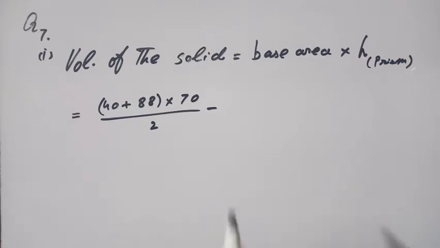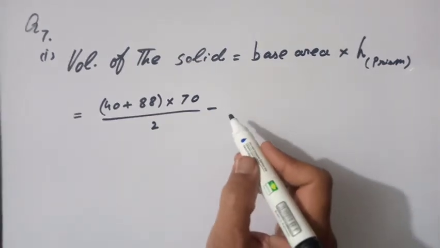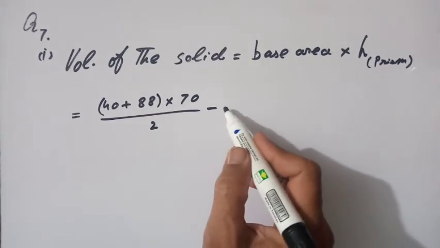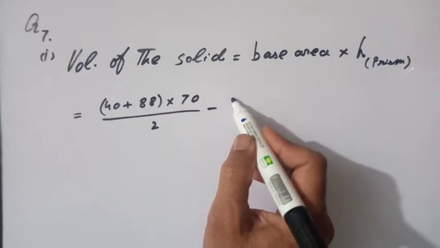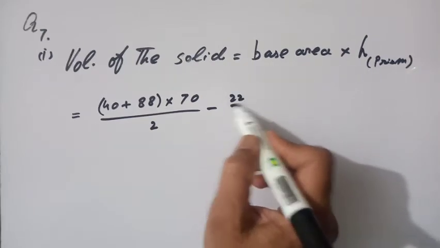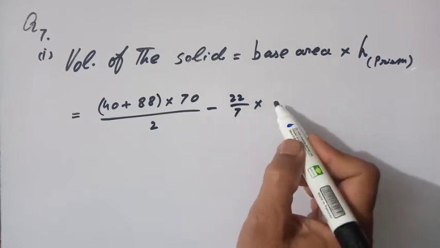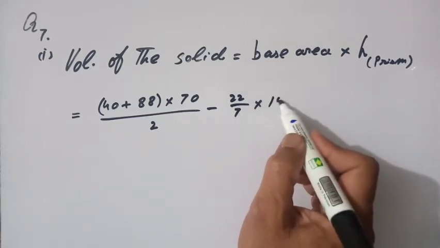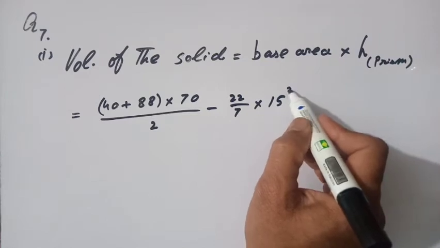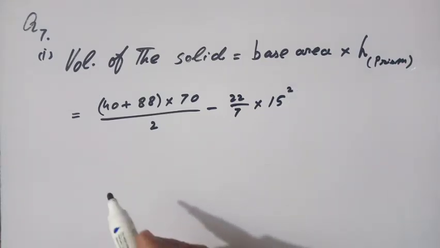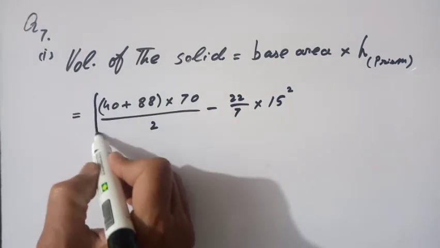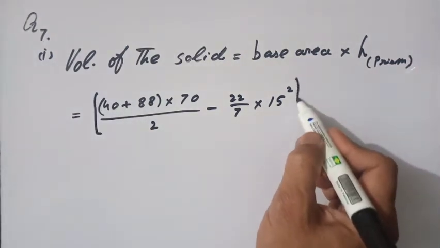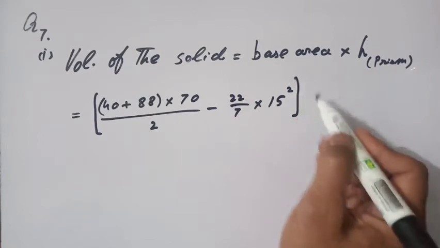We find out this: pi multiplied by r square. R is 15 square, and this whole is in multiplication with height of the prism.